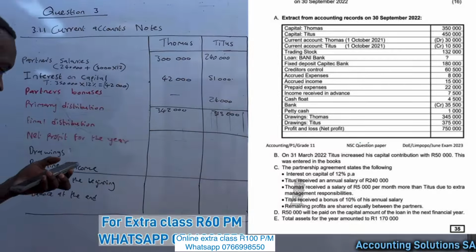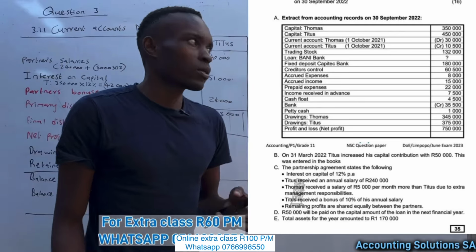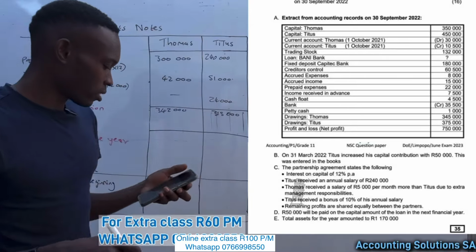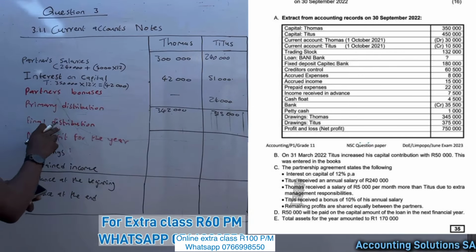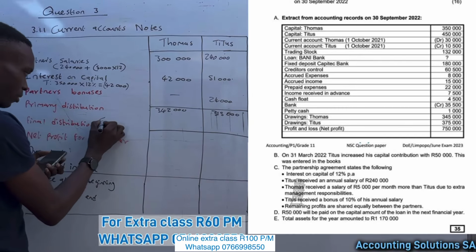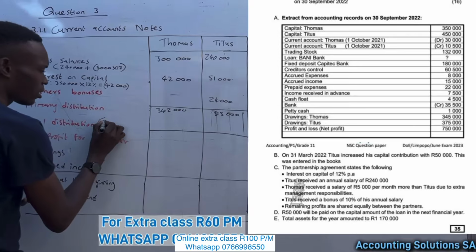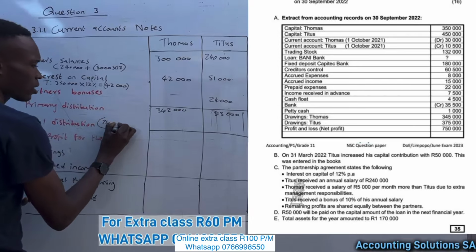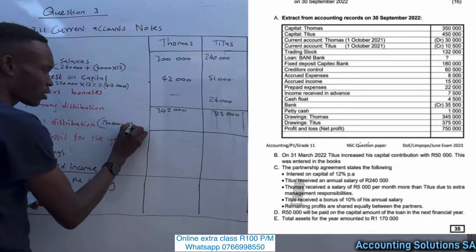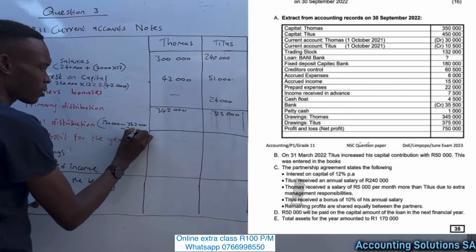Okay, then now the next one is final distribution. When we talk about a final distribution, it's going to be very simple. For a final distribution, we take net profit. If you check the net profit, they say that is 750,000, and we subtract these two, minus 342,000 and minus 315,000.